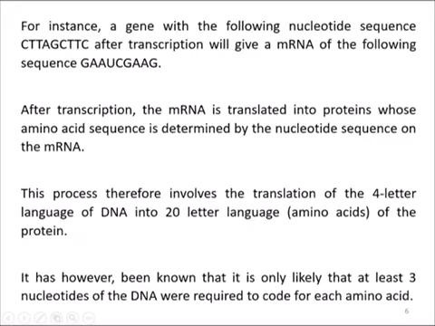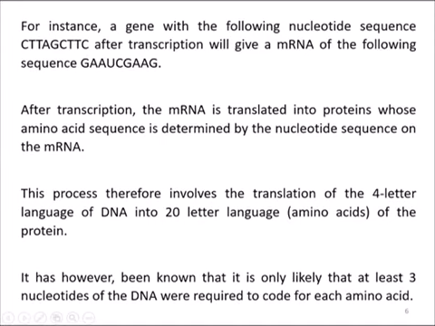For instance, a gene with the nucleotide sequence CTT AGC TTC, after transcription will give a messenger RNA of the sequence GAA UCG AAG. The messenger RNA is translated into proteins whose amino acid sequence is determined by the nucleotide sequence on the messenger RNA.